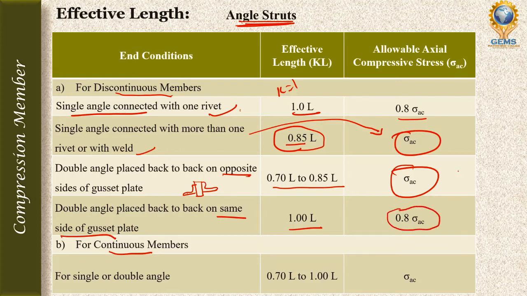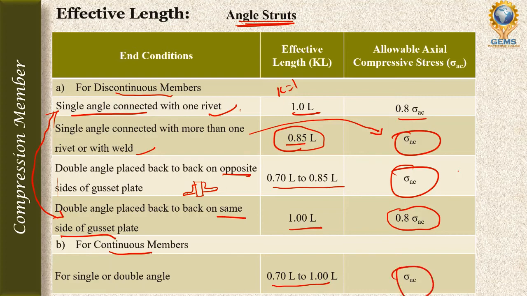And the second member, for continuous member, if it is a single or double angle, your effective length is equal to 0.7L to 1L, and your maximum allowable axial stress is sigma AC.